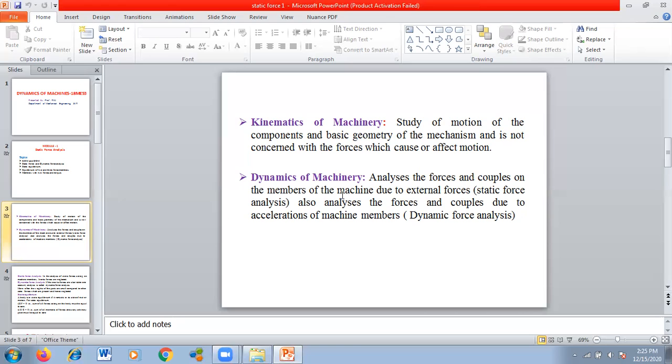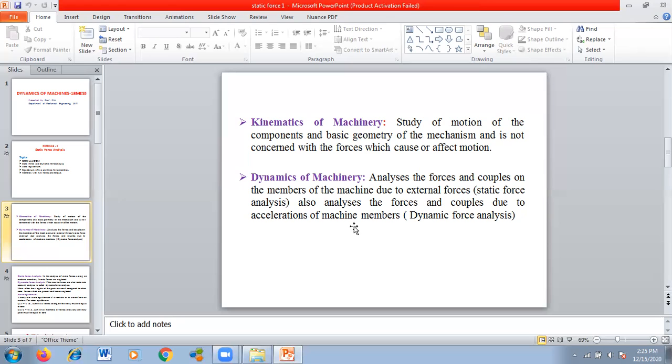Come to the dynamics of machines. In dynamics of machines, we are going to do the analysis of various forces and couples acting on the members of a machine due to external forces. We also analyze the forces and couples due to acceleration of machine members.